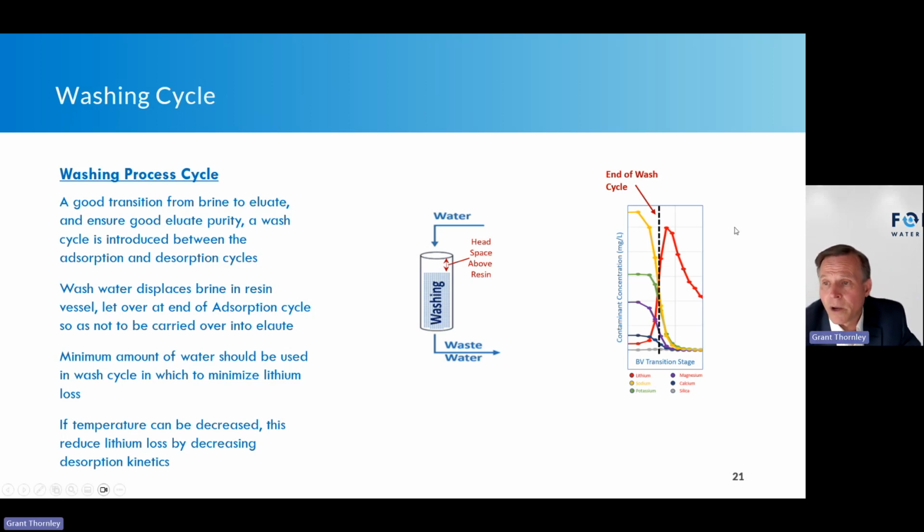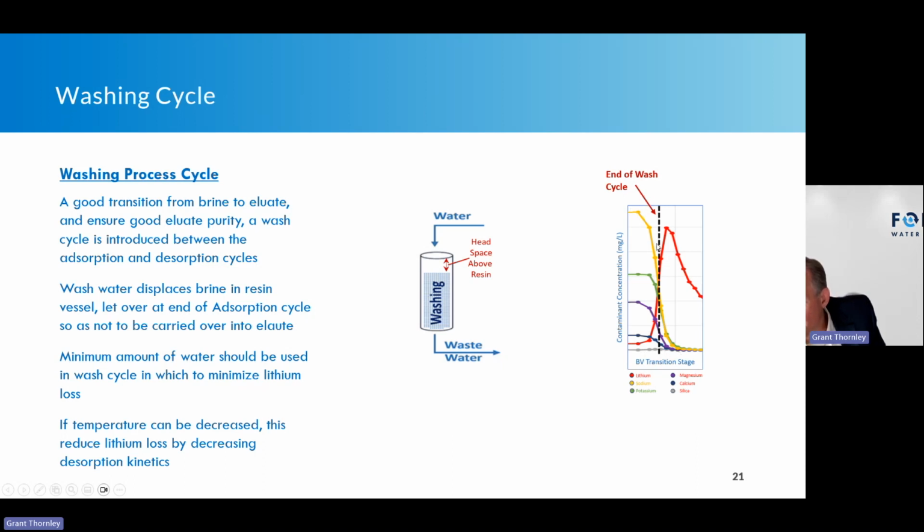Now, off to the right here, when you're doing your testing and evaluation and taking grab samples as you're eluting through, doing your wash and elution, what you find is that prior to the transition stage from wash to desorption, we're measuring the ions coming out the bottom of the resin vessel.